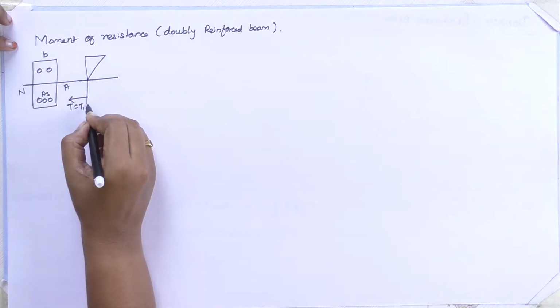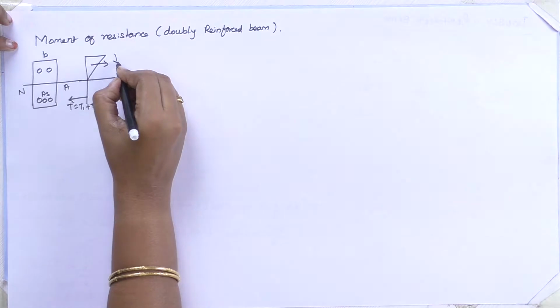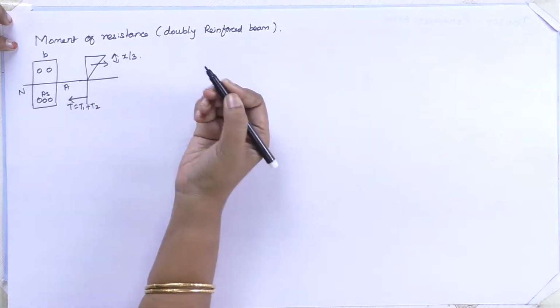T is equal to T1 plus T2. The compression force will act at a distance of x by 3.